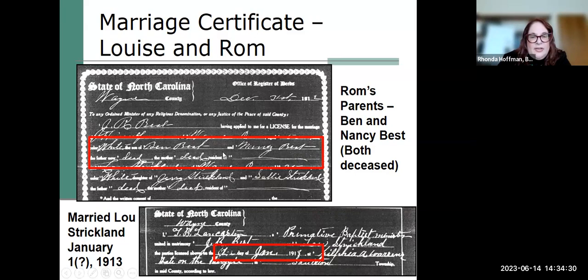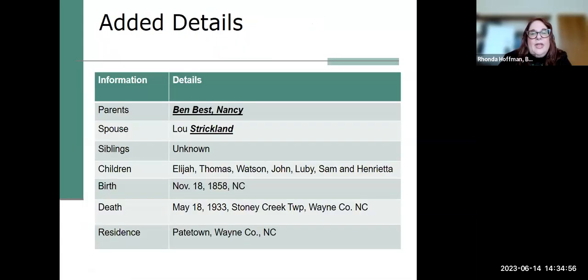J.R. Best married a Lou Strickland on January, possibly the 1st, it's a little difficult to read, in 1913. And some key information that it gives right here are parents' names, and his parents are listed as Ben Best and Nancy Best, and it lists that they are both deceased at the time that he was married. So we can add the details that we just learned. We learned Lou's maiden name, and we learned Rom's parents' names.